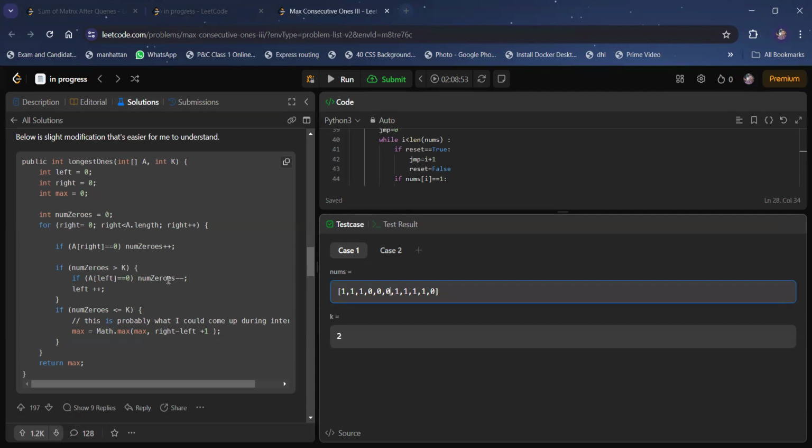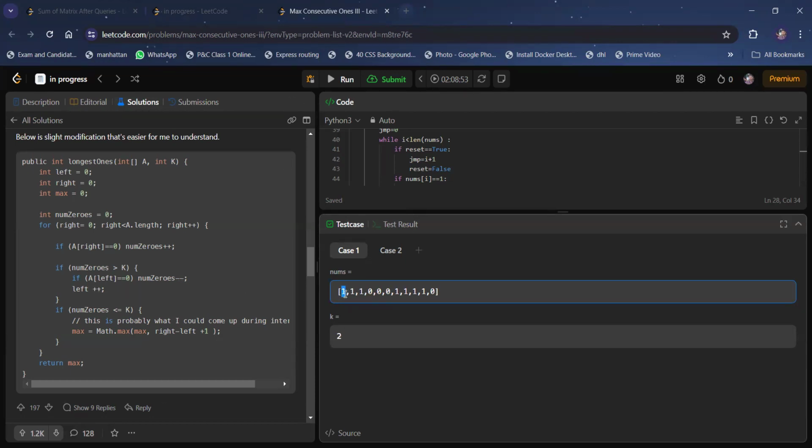But this is only happening if the left is zero. So what exactly is happening here is, let's say I increase the left. Left is being increased on seeing a zero when the number of zeros is greater than the number of flips allowed. I'm increasing left, but in that scenario I'm checking whether the leftmost value is zero. If the leftmost value is zero, then only I am reducing the number of zeros.